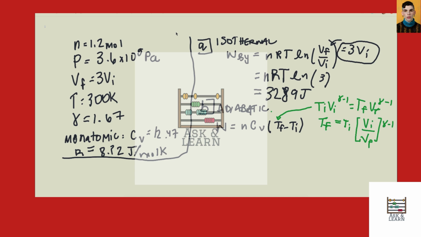And V final is 3 V initial, so that ratio should be 1/3. I'm just thinking through to make sure it all makes sense.